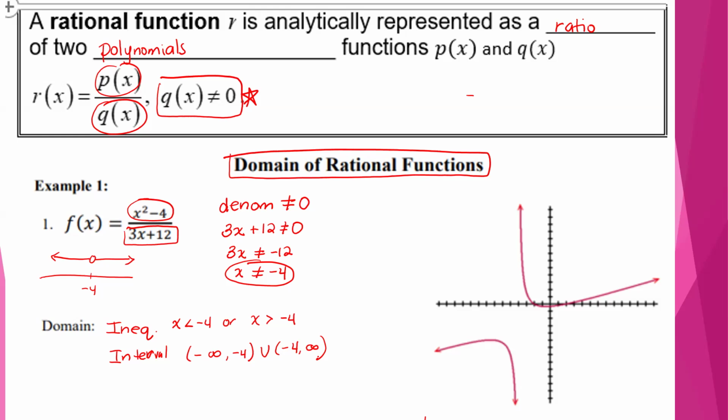Now, this is the graph of that one. So what do I get in my graph when I say x can't equal negative 4? What is this called? Does anybody know what it is in my graph? You all graphed this last year.